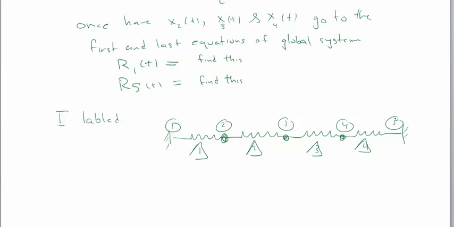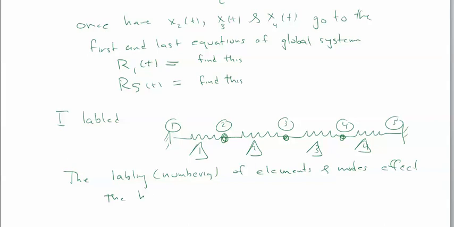It doesn't have to be like this. You can pretty much randomly label the elements and the nodes, but the numbering, the labeling of elements and nodes affects the bandwidth of your mass matrix and your stiffness matrix.